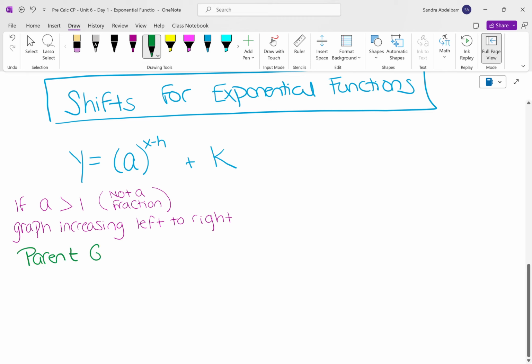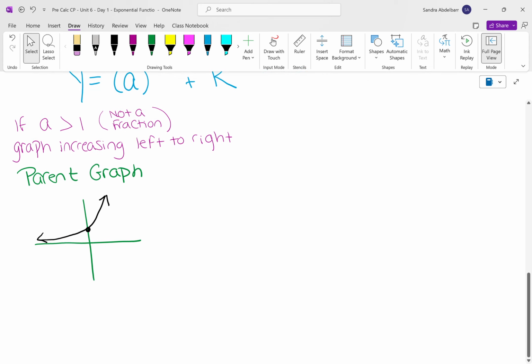So now our parent graph is the one we just drew. So our parent graph will be something like that.